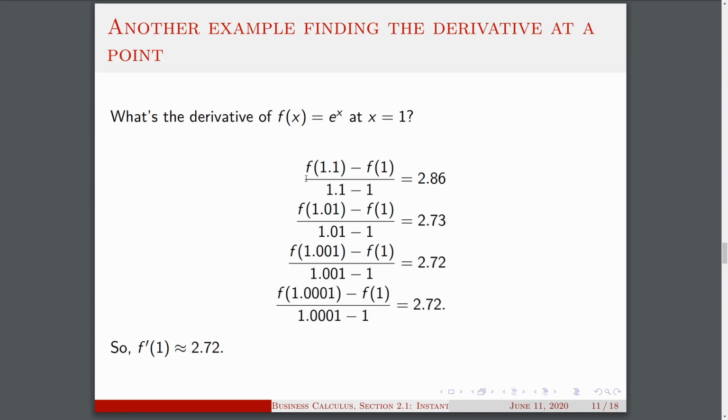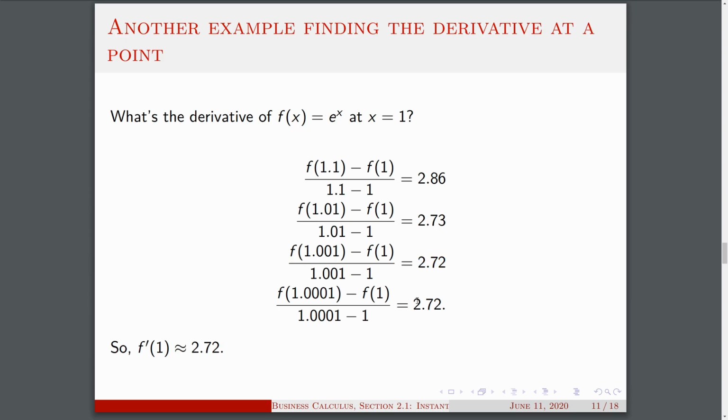Well, I will do the same thing that I did before. I'll find the slope between 2 points, and I'll make my second point close to 1. So like 1.1, that's close to 1. And I'll find the slope, and then I'll do it again, but I'll make my second point even closer to 1. So 1.01. I'll find the slope, and I keep doing this process, bringing those 2 points closer and closer, and finally I see the pattern that the slopes actually get close to one number, which is good.